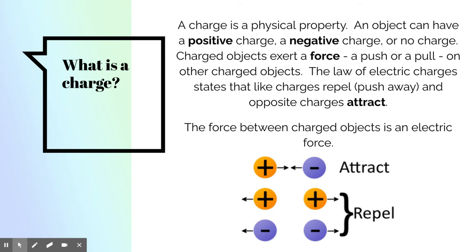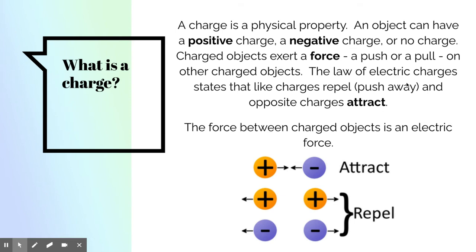So anytime there is a charge, a force is exerted. So a push or pull can actually happen on objects or from objects that are electrically charged, meaning they have more electrons or fewer electrons, depending on a few circumstances.